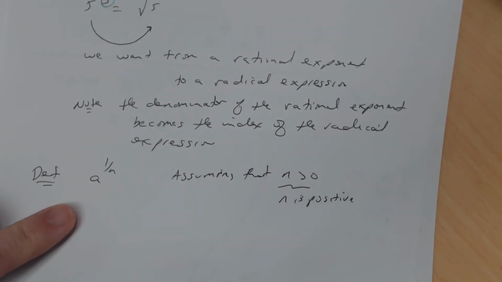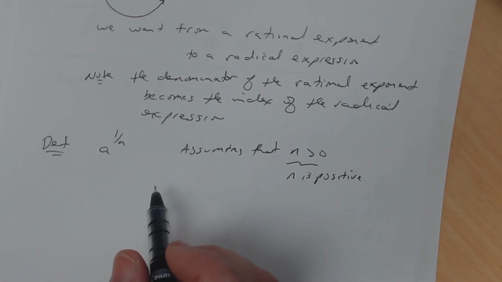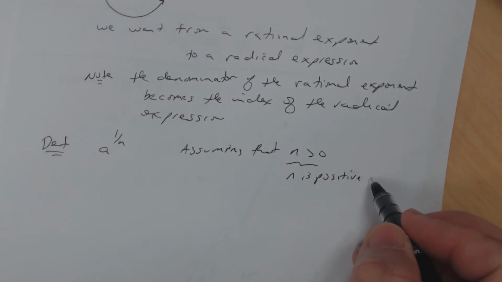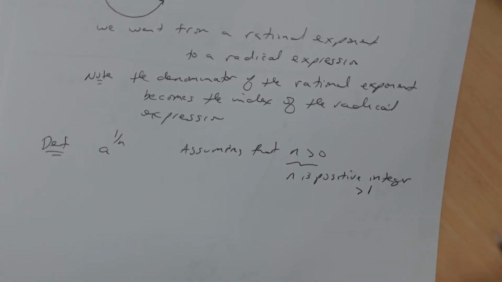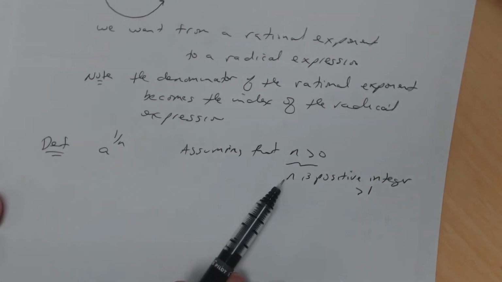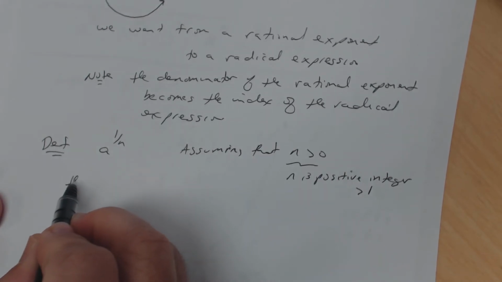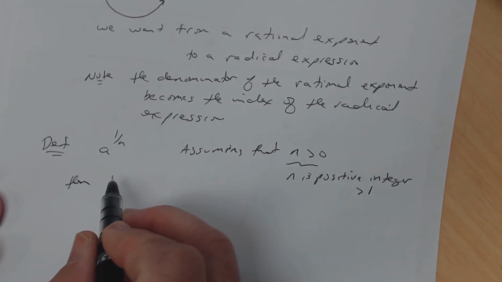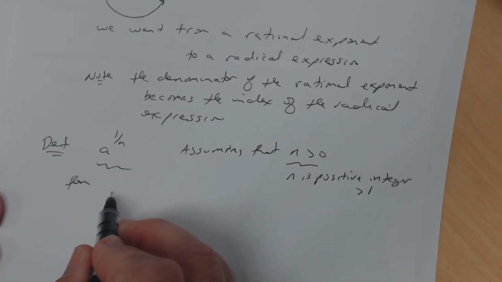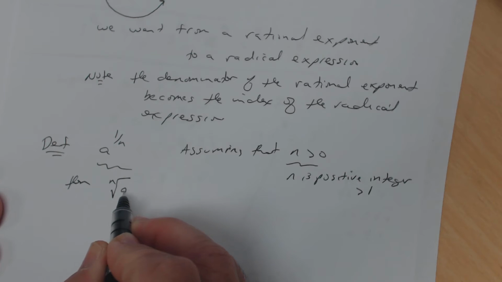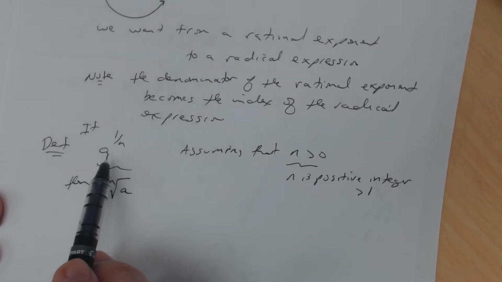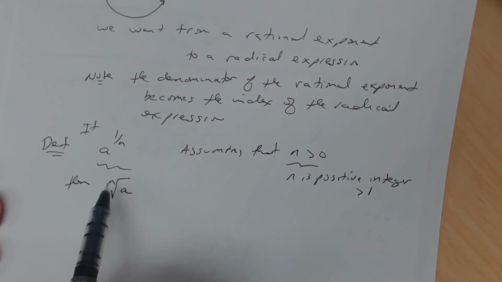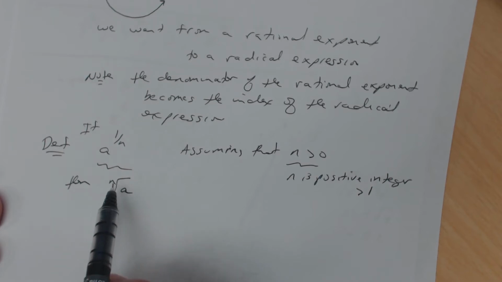Here's the definition. If n is a positive integer greater than 1, so 2, 3, 4, and so on, then I can rewrite a raised to the 1 over n as the nth root of a.